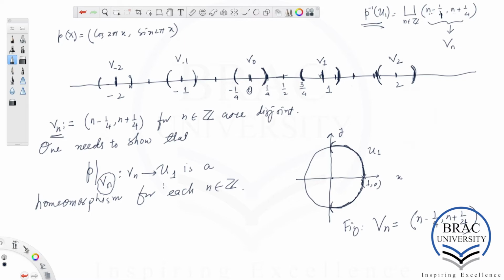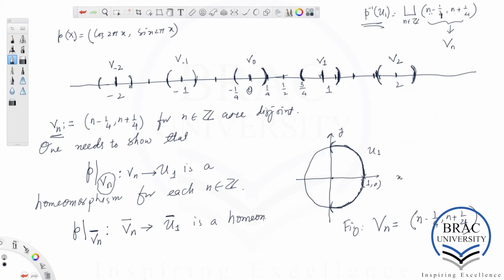Okay, so the trick is to show first that the restriction of this map to the closure of Vn, which is the closed interval from n minus 1/4 to n plus 1/4, from the closure of Vn to the closure of the open arc U1, which is the closed arc, is a homeomorphism.